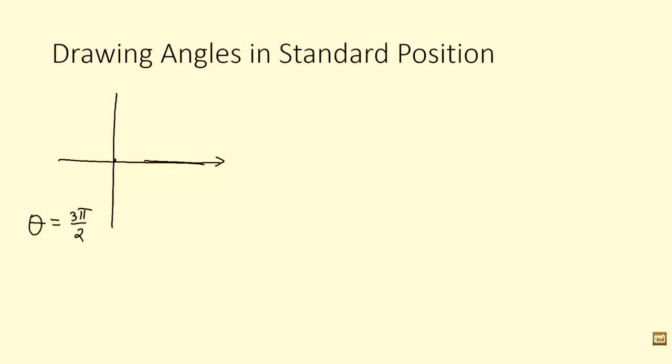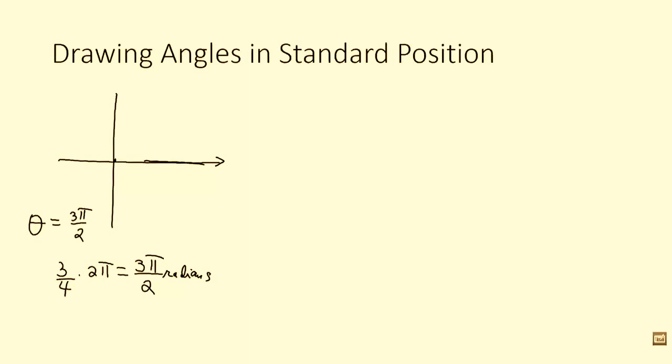So 3 pi over 2 is actually 3/4 of a revolution. So 3/4 of 2 pi is 3 pi over 2 radians.